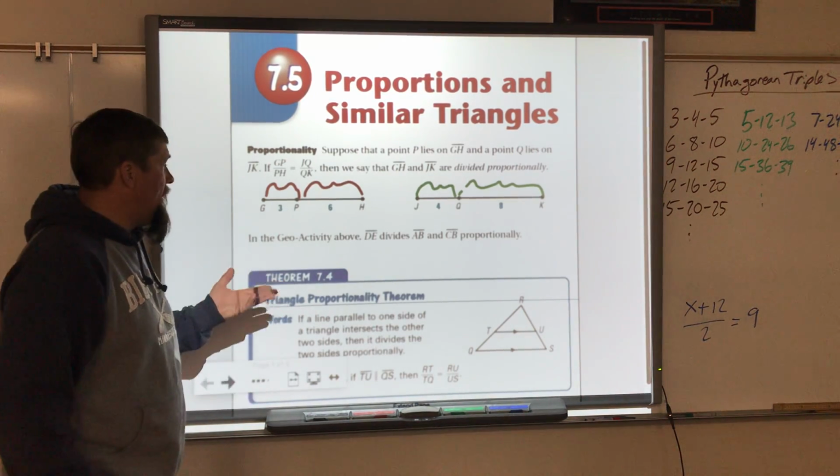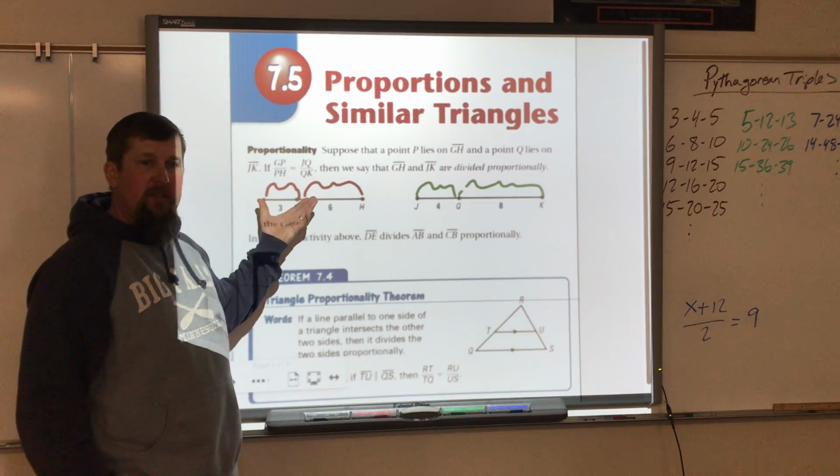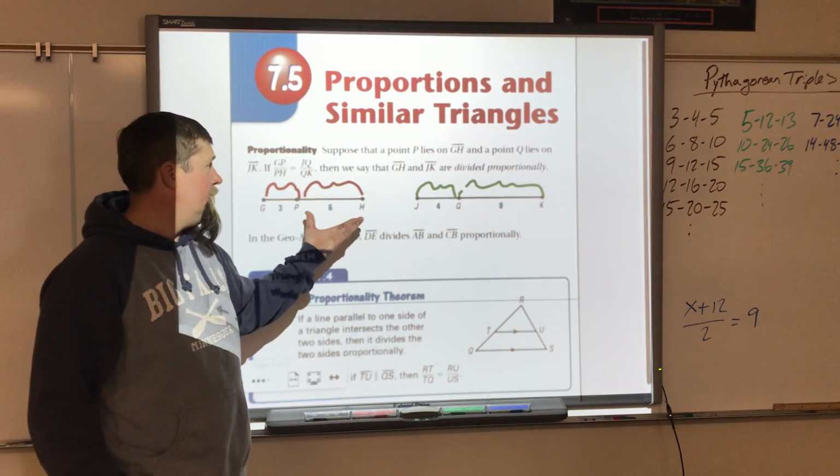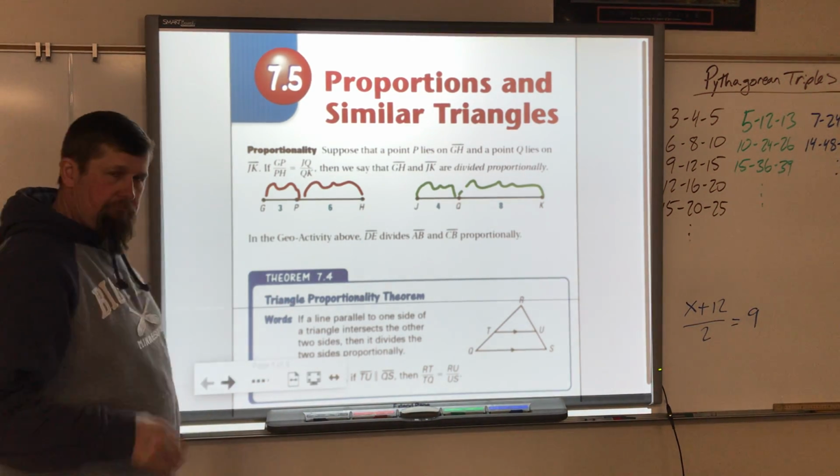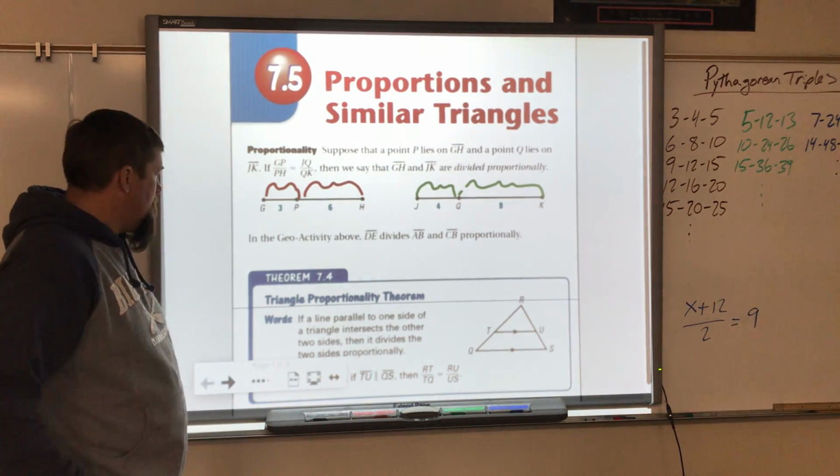Basically, even though the length of this segment is shorter than the total length of this segment, they're still broken up into proportionate parts. Okay?